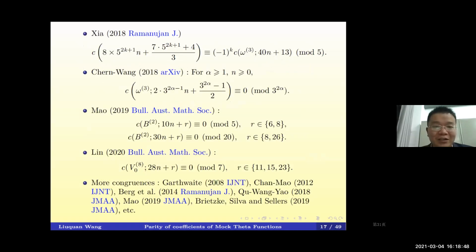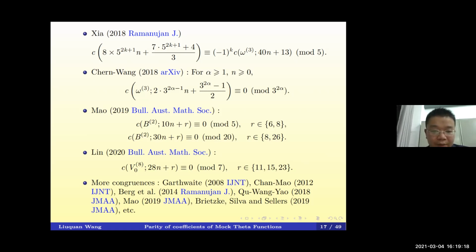And later, Ernest Xia proved some congruences for this function, again, modulo 5. And Shane Chern and Chun Wang proved an infinite family of congruences modulo arbitrary powers of 3 for this function. Later, Renrong Mao proved some congruences modulo 5 and 20 for the second order mock theta function B(q).